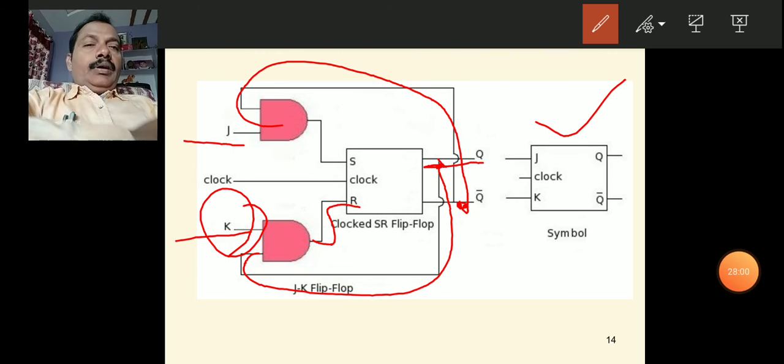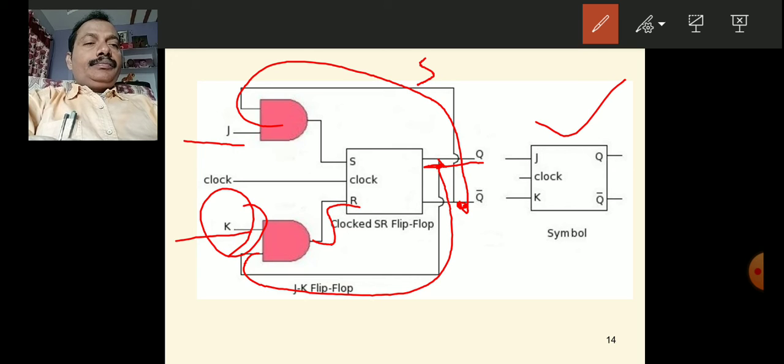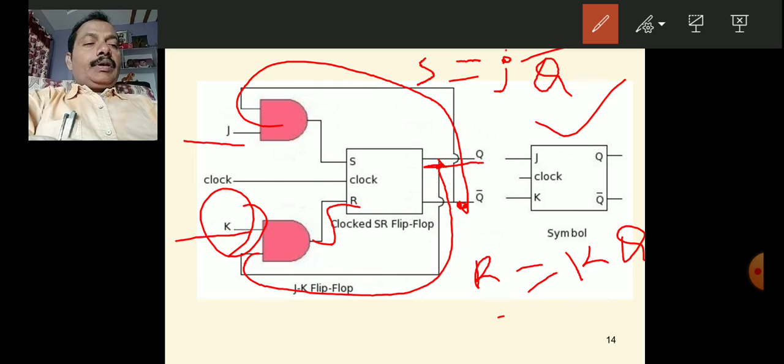That means what you observe is S equals J Q bar. These are the design equations. S equals J Q bar, R equals K Q. So these are the design equations.